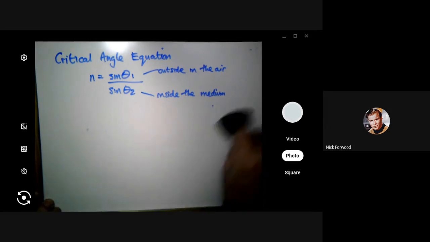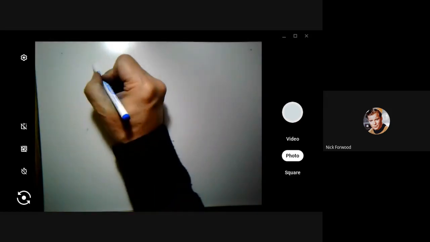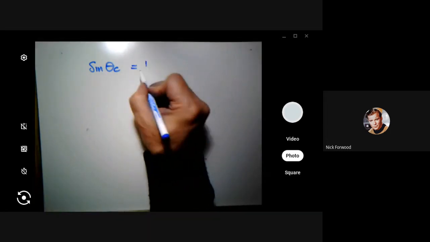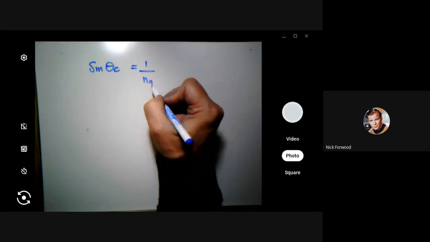I'd actually like to work out now what it really is. So I have the sine of my critical angle, which I've told you is about 40 degrees, equal to 1 over n, where n is the refractive index of glass. Now we know what the refractive index of glass is.